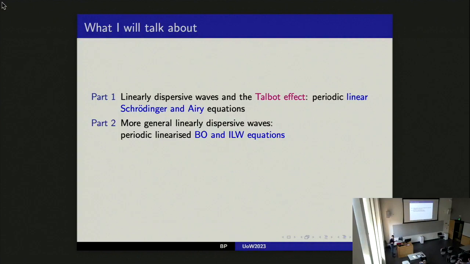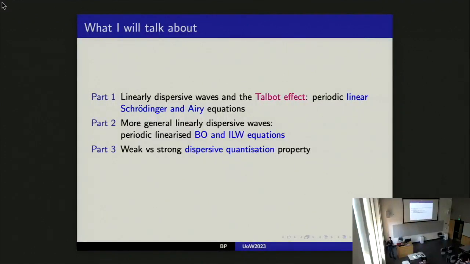So I will take other important water waves that I actually first encountered when I was a PhD student, Benjamin-Ono, and the intermediate long wave equation. They are models, reductions of the full water wave model for different depth domains, so BO for infinite depth, the intermediate long wave for intermediate depth. They're non-local PDEs, so quite different from KdV, say, for which the linear part is the Airy equation.